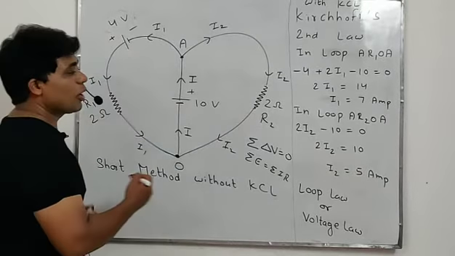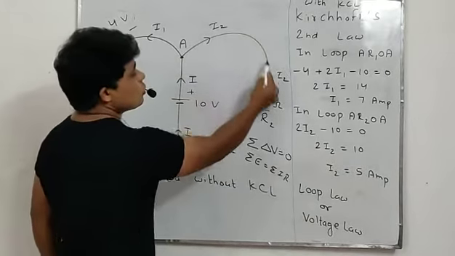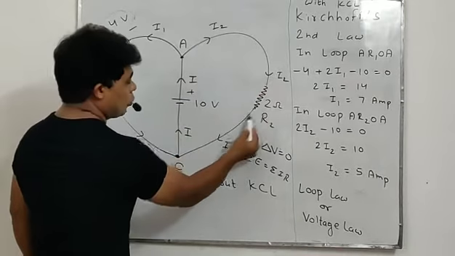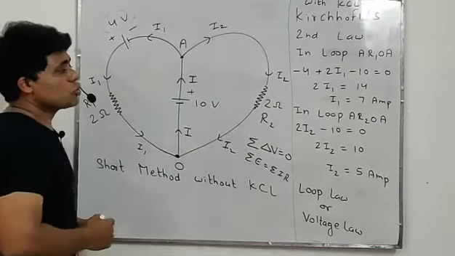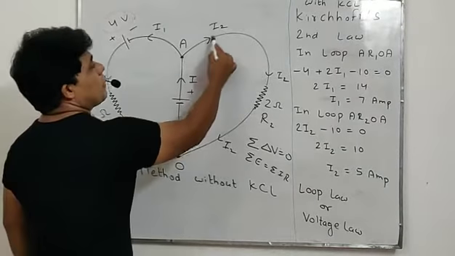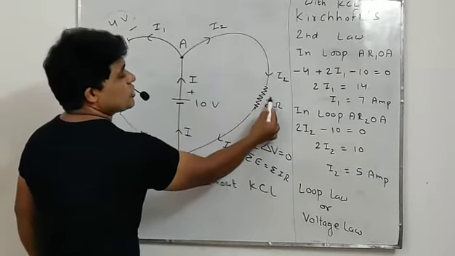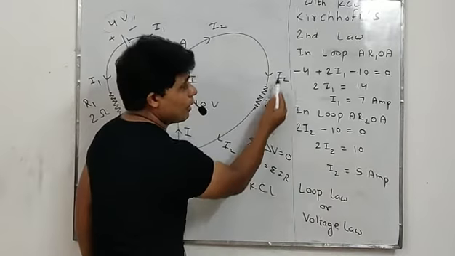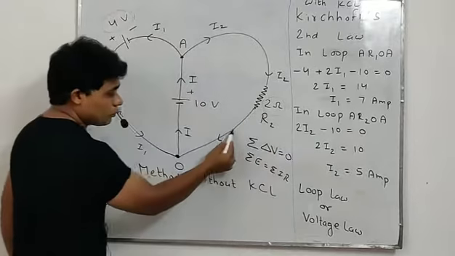Now students, we are going to apply Kirchhoff's law in this loop also, in loop A R2 OA. We'll start with point A. First, resistance 2 ohm and its current I2, so 2 into I2, current multiplied with resistance.